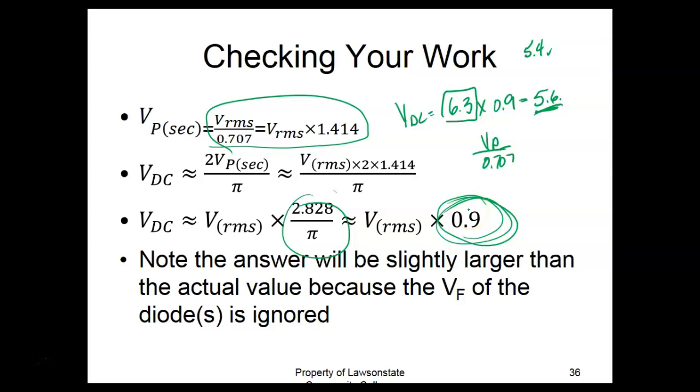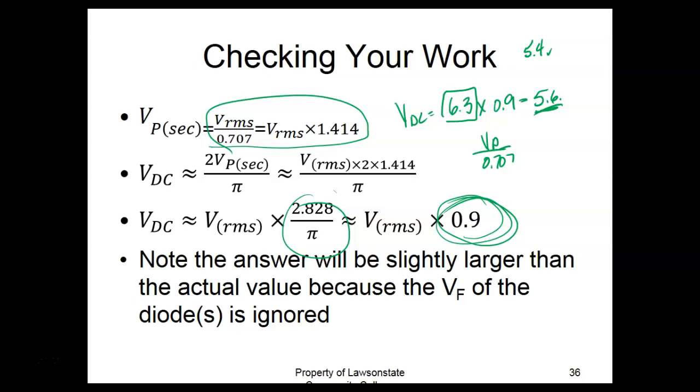And to me, that's really neat. So what we did is we did the whole equation and then solved for the fraction. So yeah, Janice, 0.9 is going to give you a close enough answer. Remember, it's going to be a little high because we ignored the diode drop, but it's going to be close enough for you to pick out the right answer.